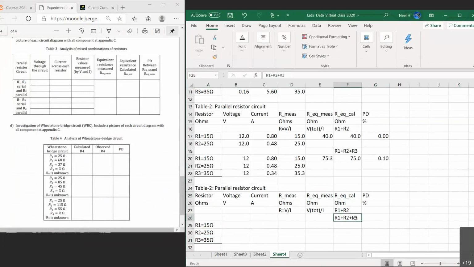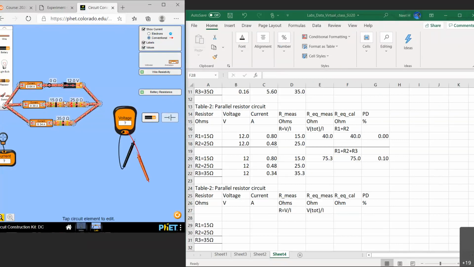So now R equivalent is not just simply R1 plus R2 plus R3. That you have to change, because now you have to analyze this first, right? Because you can see R1 and R2 are serial to each other. R3 is parallel, right? Which means our calculated is not the same.